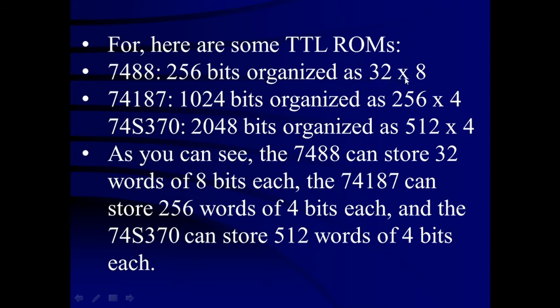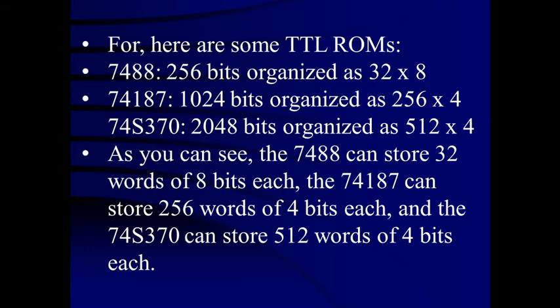So 32 multiplied by 8 comes out to be 256 bits organized in this particular IC. So how to get these 32 words? The output lines are going to be 32 output lines, and the address lines are going to be 32 address lines.